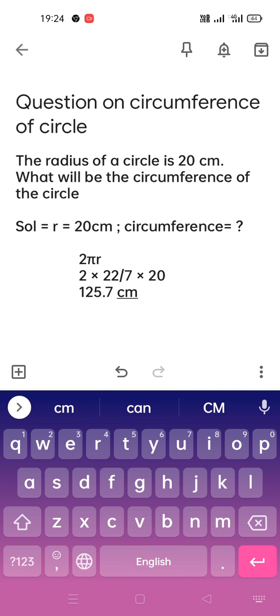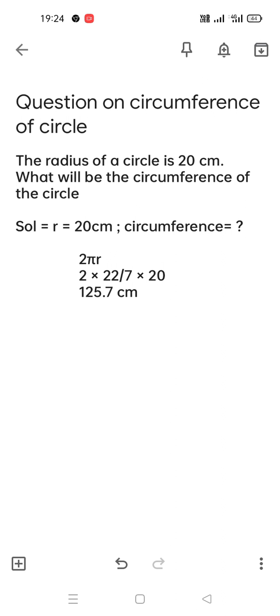What will be the circumference then? 125.7 cm. This will be the circumference of the circle. This is how we solve a question regarding the circumference of a circle, right? So move ahead.